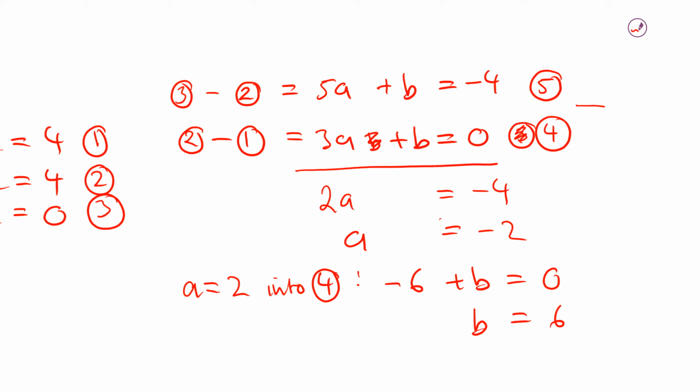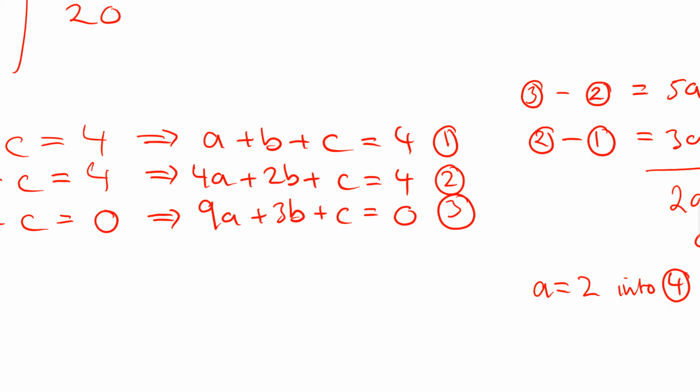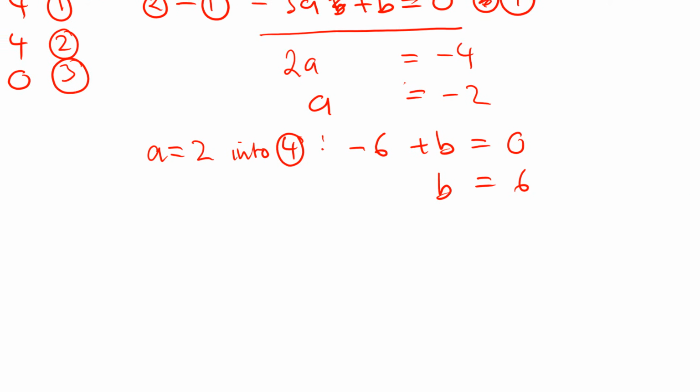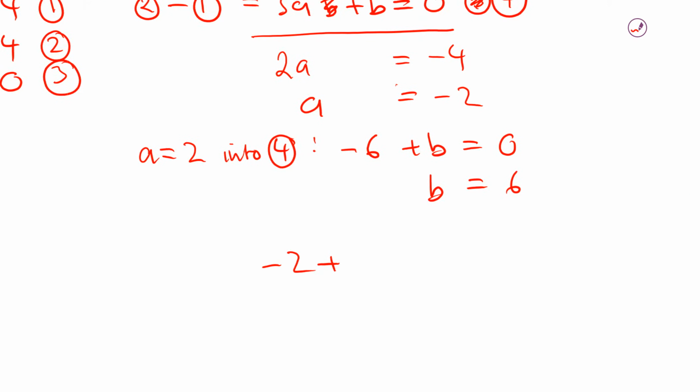And then how are we going to get c? Let's look back at our original equations. You can just do the a plus b plus c one, which is 4. So minus 2 plus minus 6 plus c equals 4.